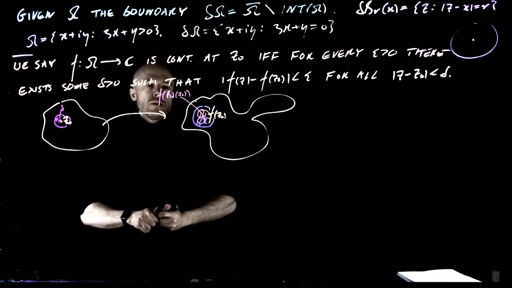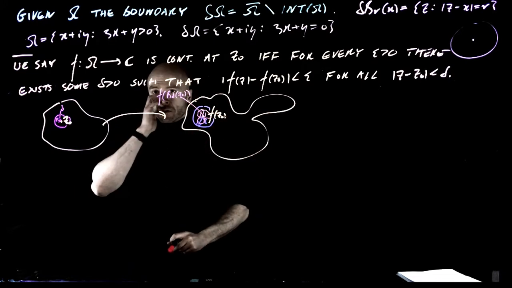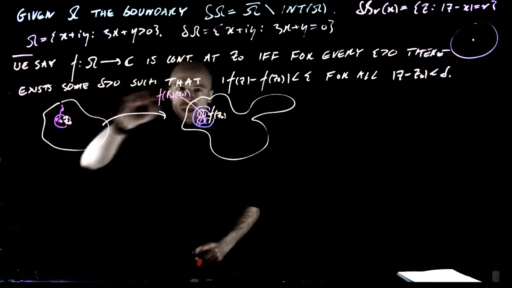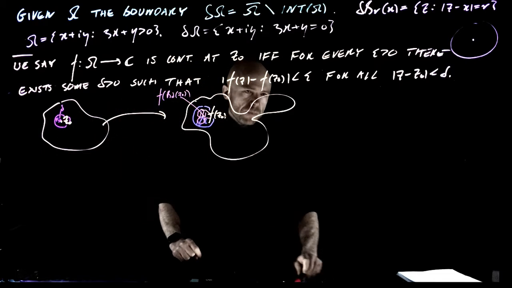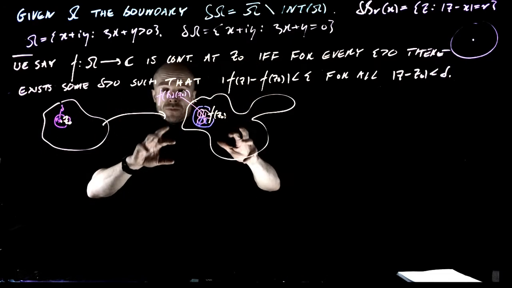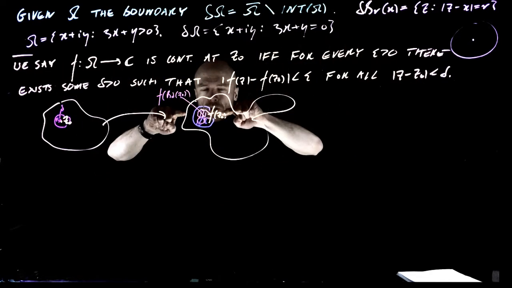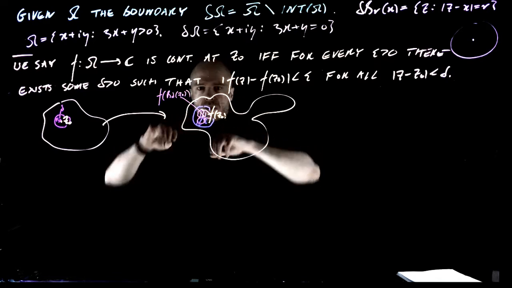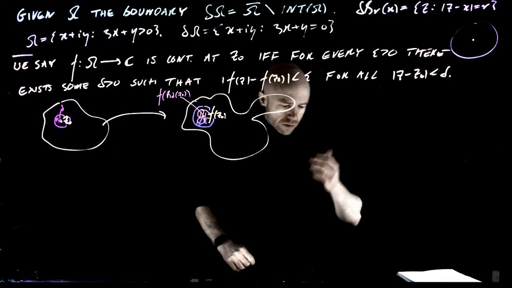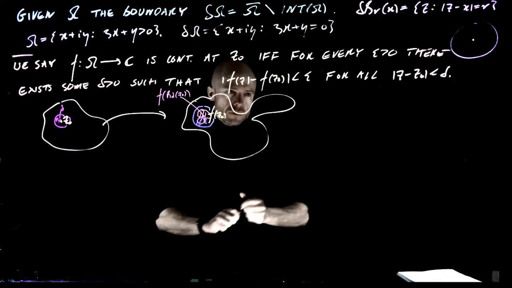So for any epsilon ball around f(z0), map this guy inside this guy. This is the concept, and this is expressing the concept in the language of math. This is the real thing here. Okay, cool. That's continuity.